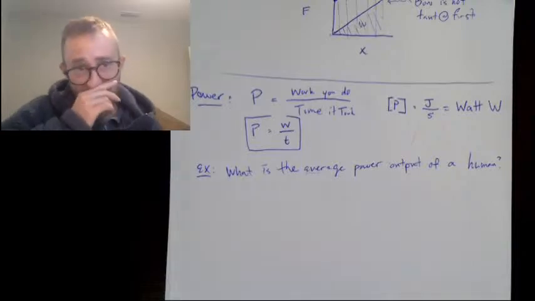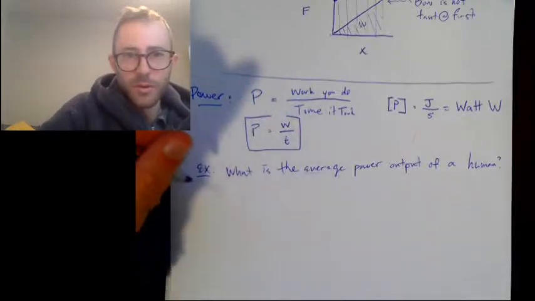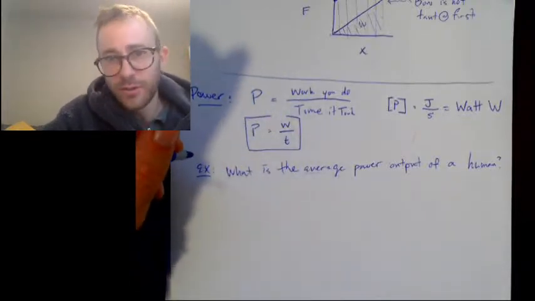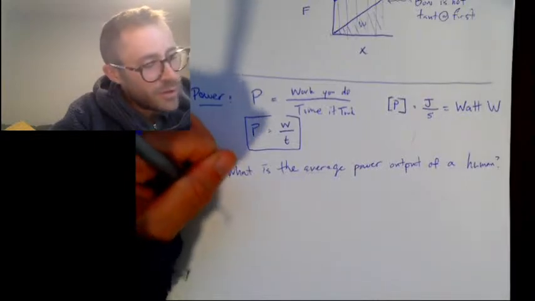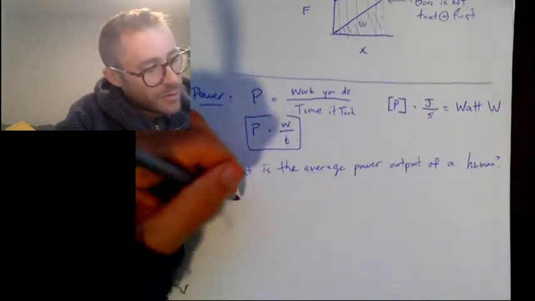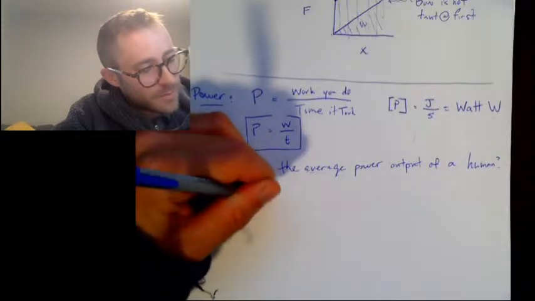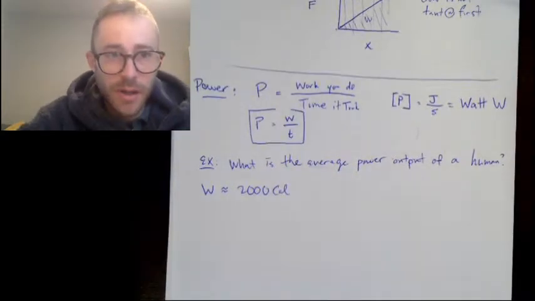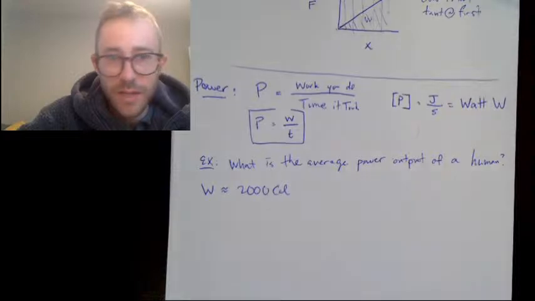Okay, so we can deduce that the work that you do every day is right around 2,000 calories. Why? Because you eat roughly 2,000 calories of food every day.